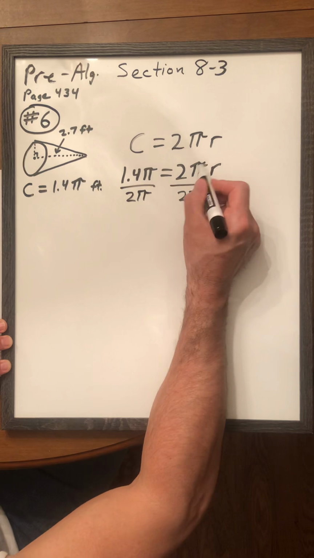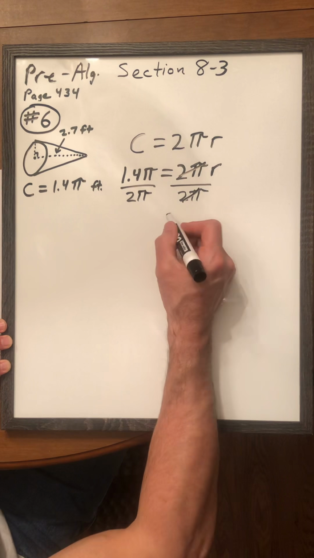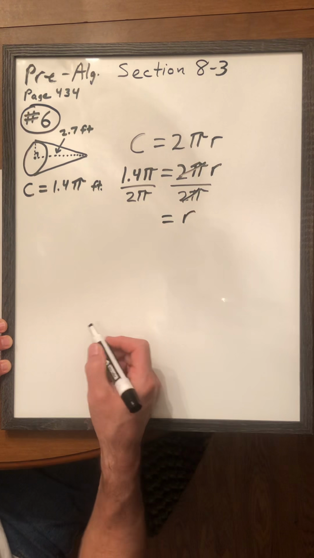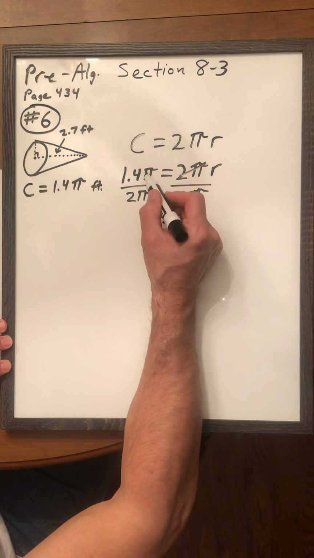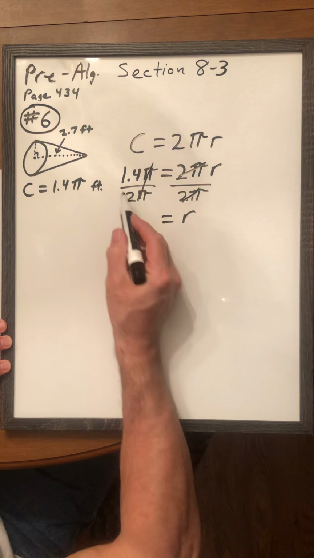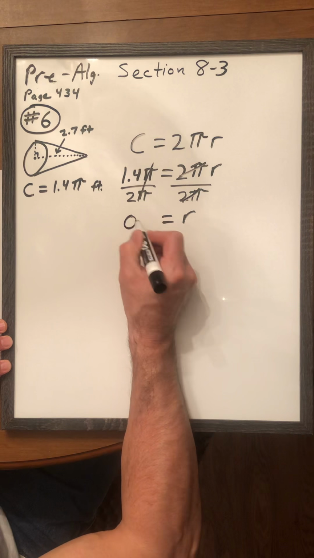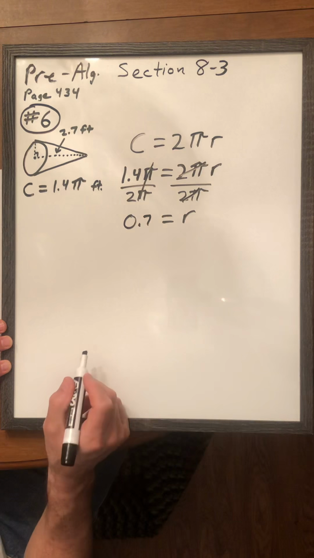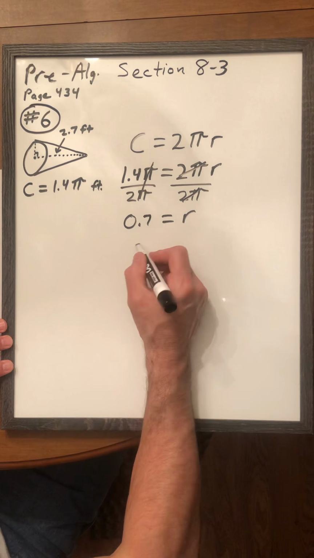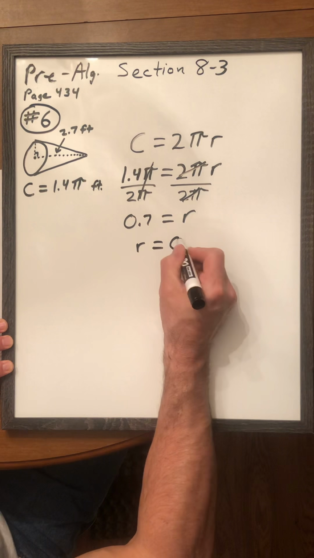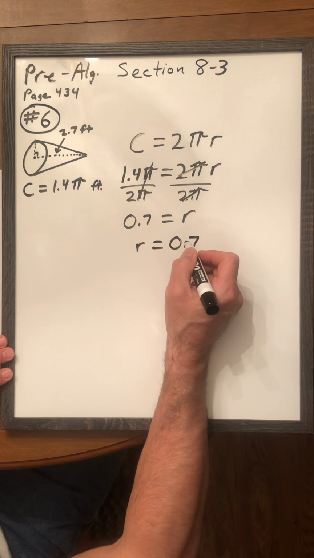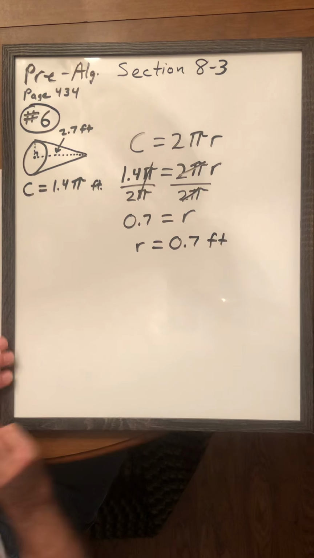Those divide out and that leaves me r on that side, and the pi's here divide out, and 1.4 divided by 2 gives us 0.7. So r equals 0.7, and that would be feet.